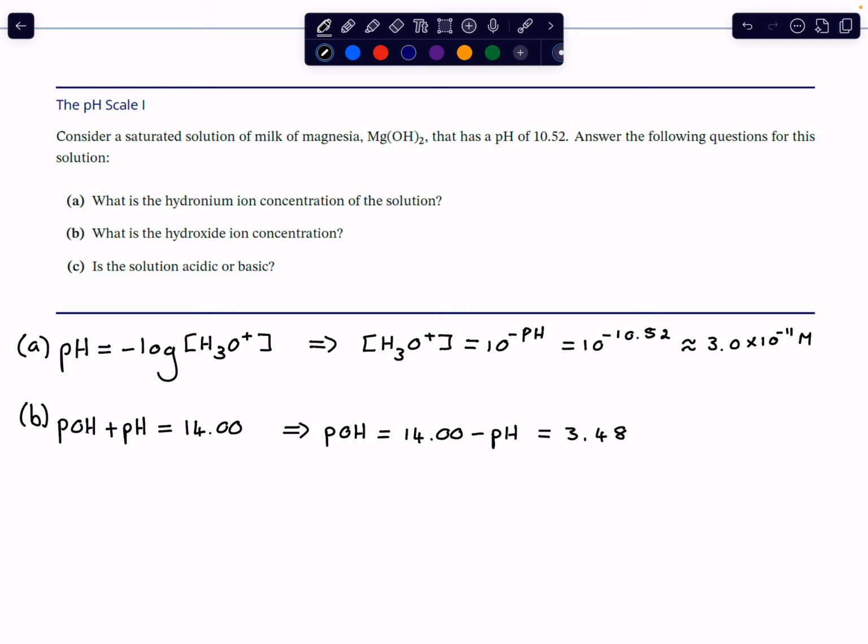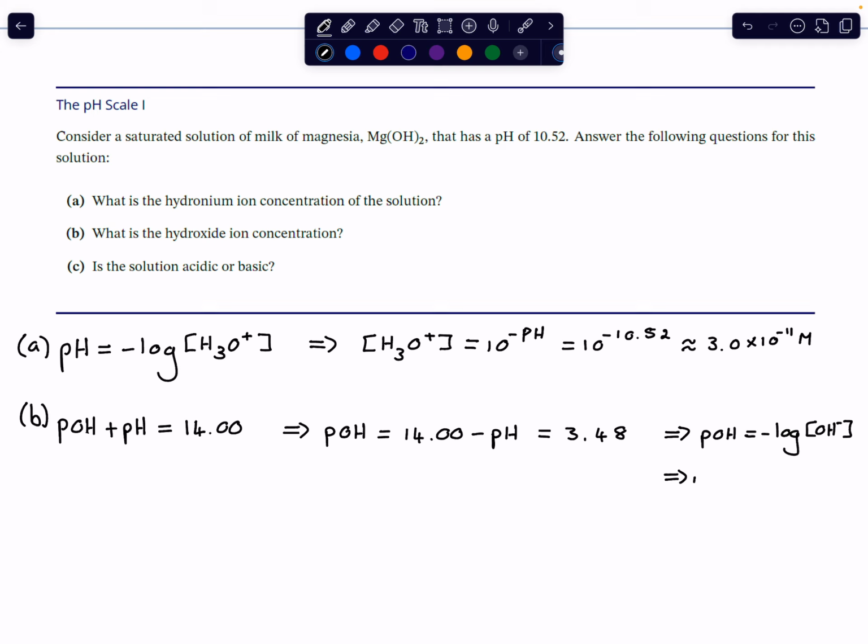And then you can or should remember that pOH has a similar definition to the pH, which is that pOH is negative the logarithm of the OH minus concentration.